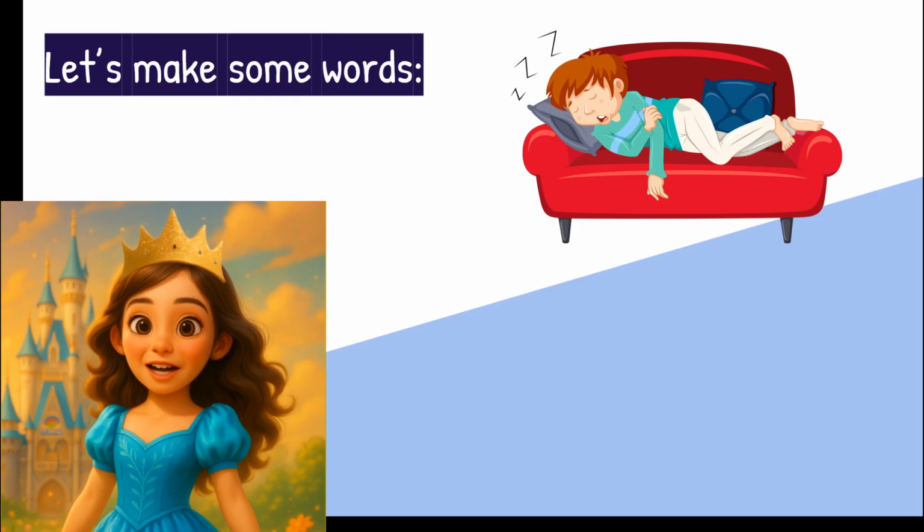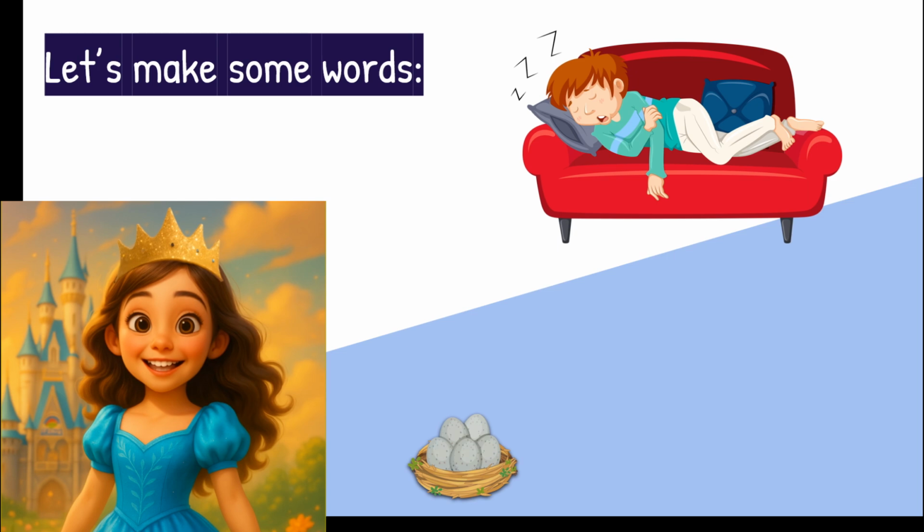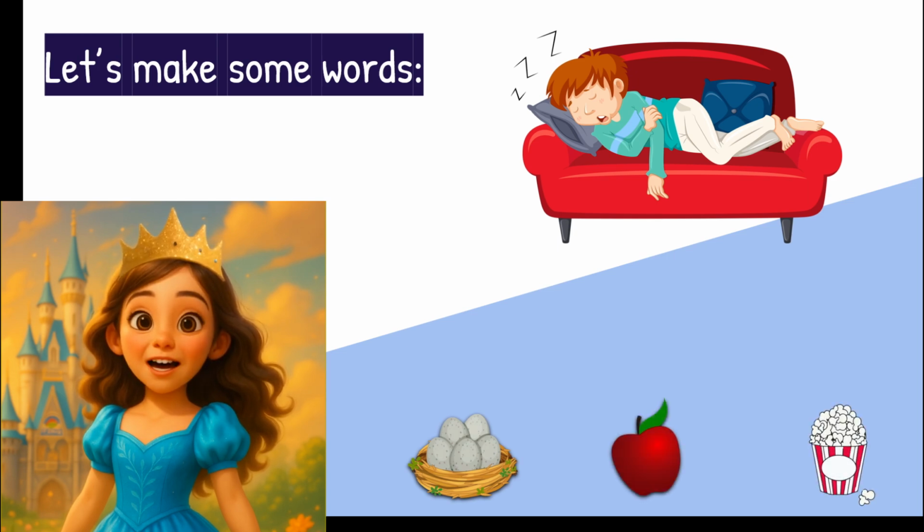Nap. I heard 3. N, a, p. And we've seen those sounds today. N for nest. A for apple. P for popcorn. Now we need to put the letters for those sounds.